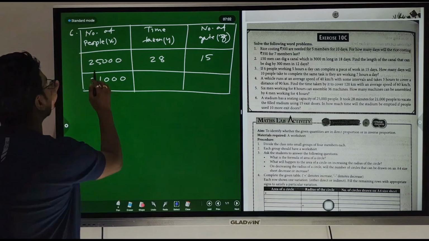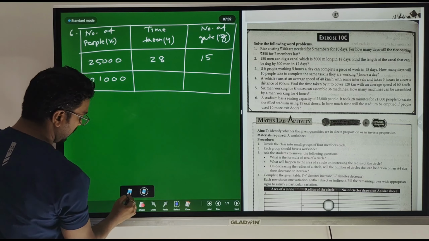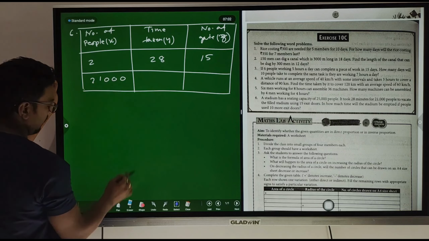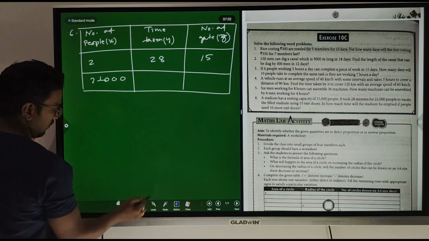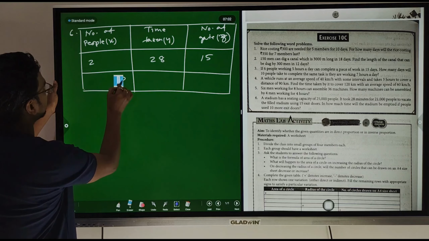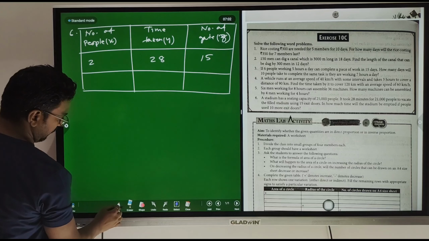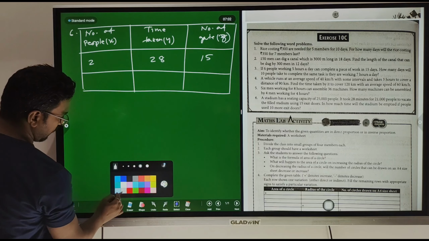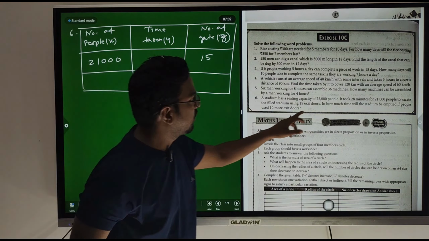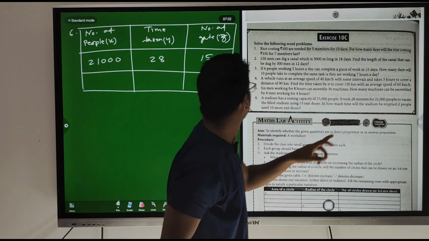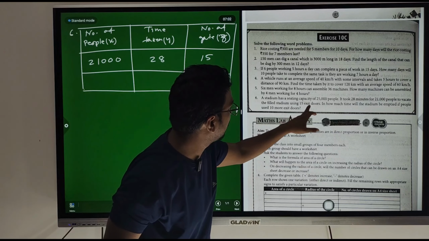Okay, I have written it wrongly. This should be 21,000. It is given 21,000 people take 28 minutes to vacate through 15 gates.